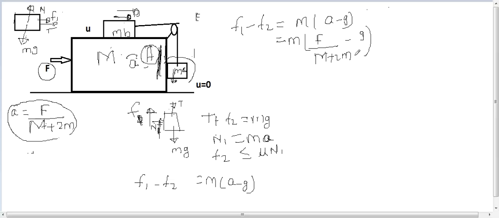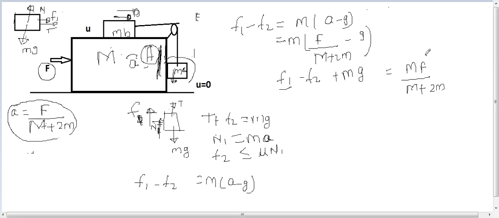So what can I get? F1 minus F2 plus mg is equal to mF divided by M plus 2m.